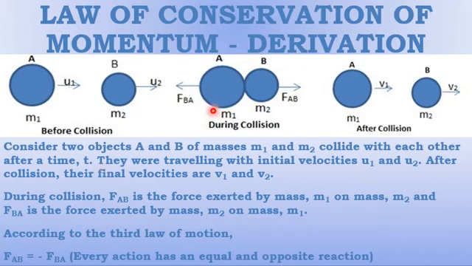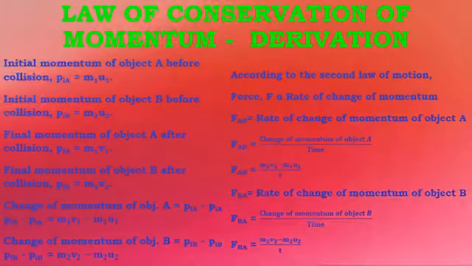The force exerted by object A on B is FAB, and the force exerted by B on A is FBA. As per the third law of motion, FAB is equal to minus FBA, because every action has an equal and opposite reaction. So they are equal and opposite.